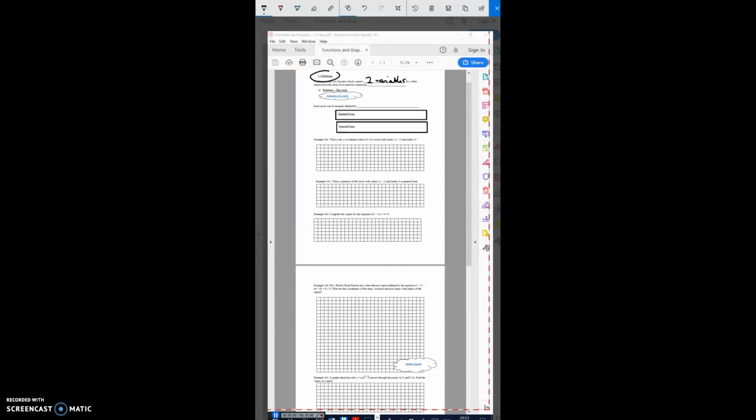It's often expressed in the form of an equation connecting the variables x and y. So for example, we have a circle.